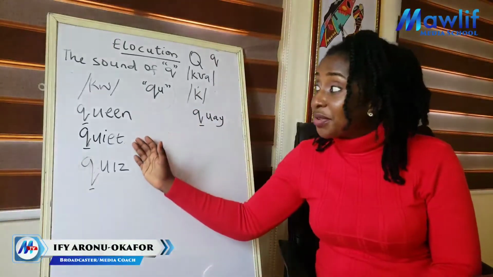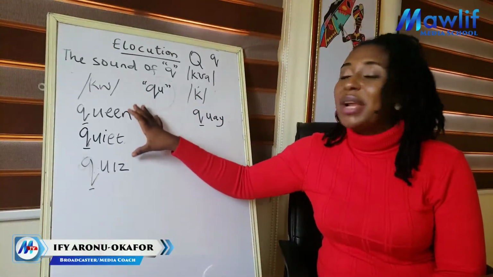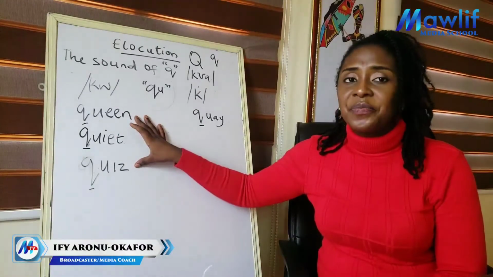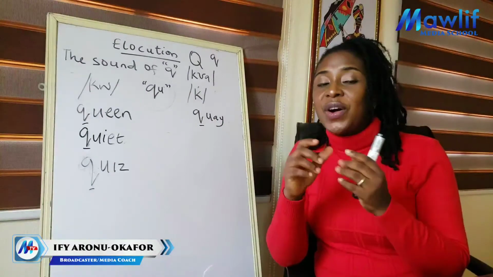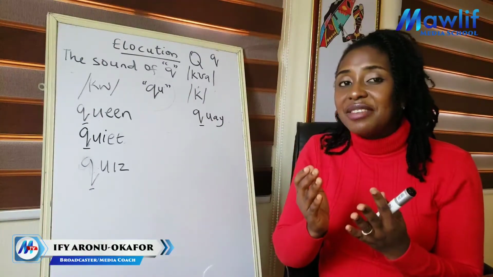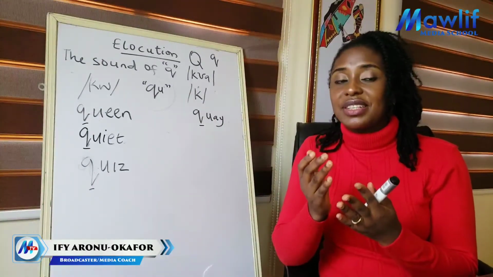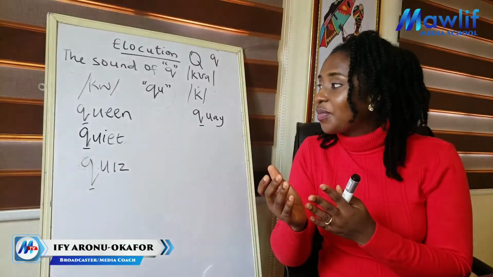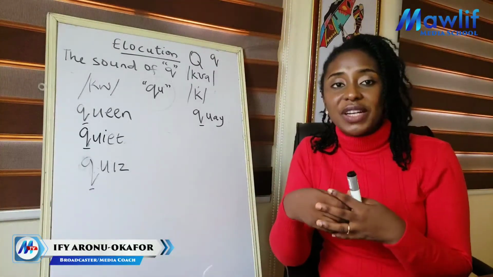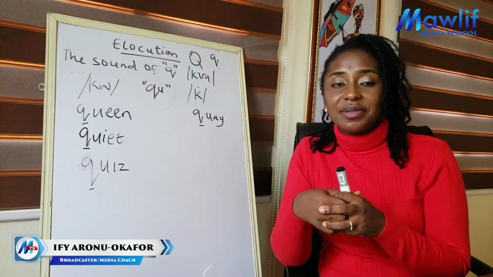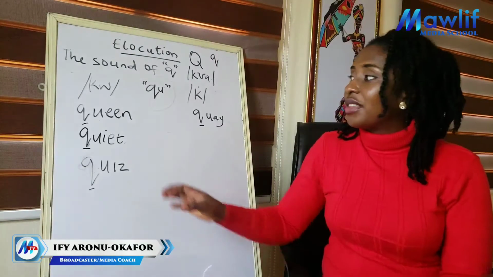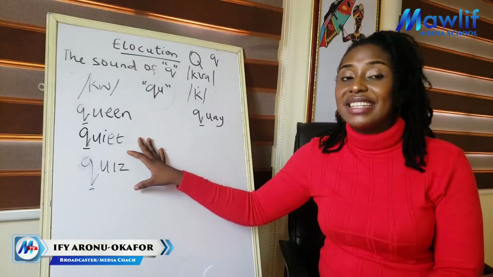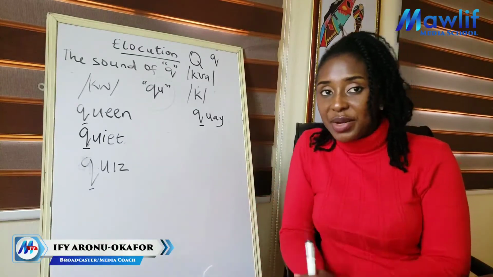Now let's start with this group of words. When pronouncing Q in these words, it appears as though you're gliding from the sound K to the sound Wa. Try it. There is this friction when articulating the sound of Q, as you can note.